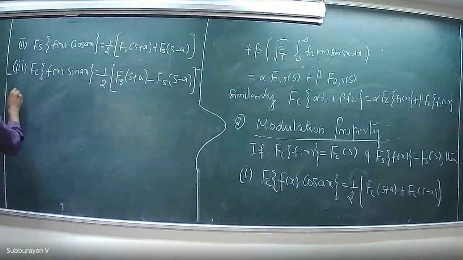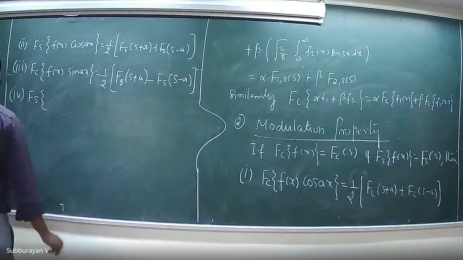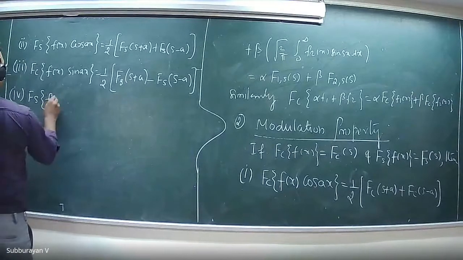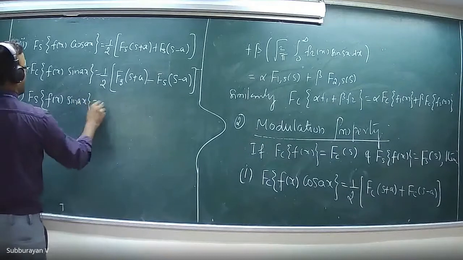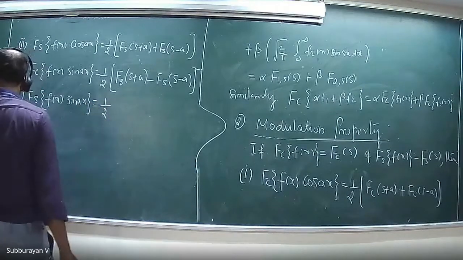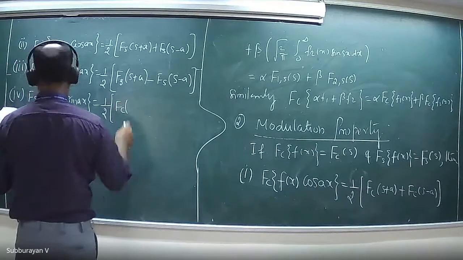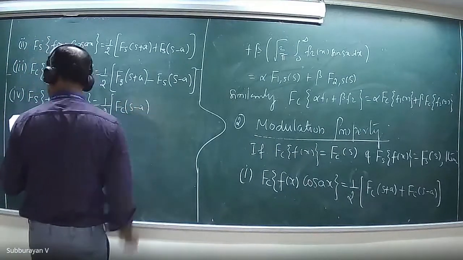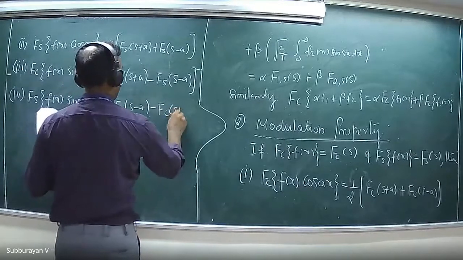And the fourth one is the Fourier sine transform of f of x into sine ax, which is equal to 1 by 2 into fc of s minus a minus fc of s plus a.